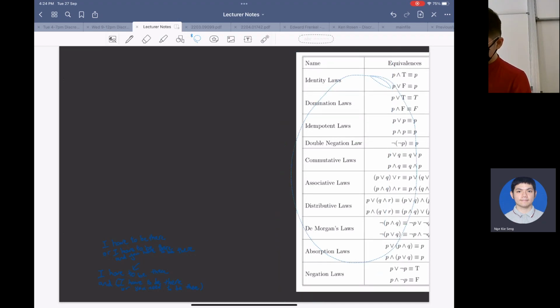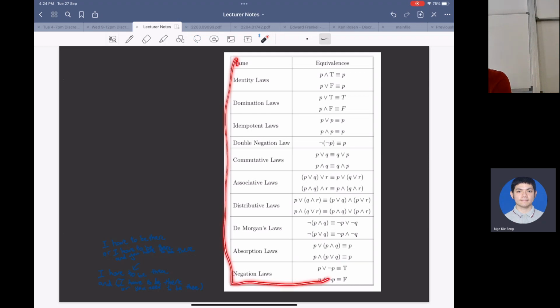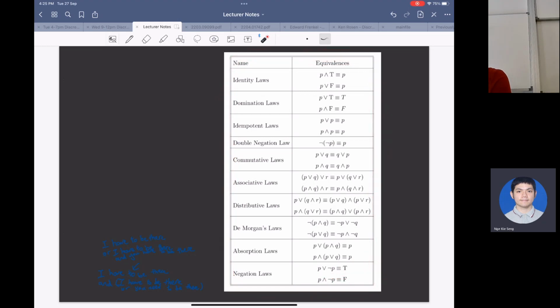Maybe you will get shocked, but anyway, I will explain a little bit. First of all, you don't need to memorize this. If I want you to use it, maybe I will provide it, but I won't tell you how to use it. And second, you should understand this table here.